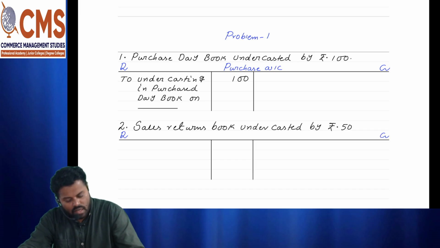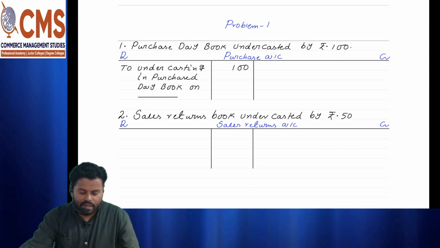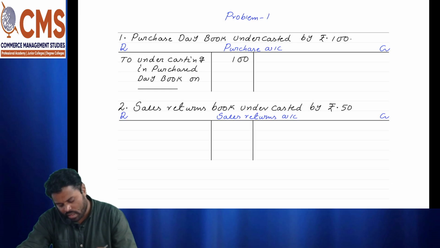So what is the next account that has to be adjusted? So which side? Sales returns. Debit side, we'll write the same story again.